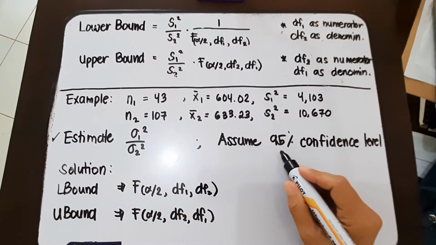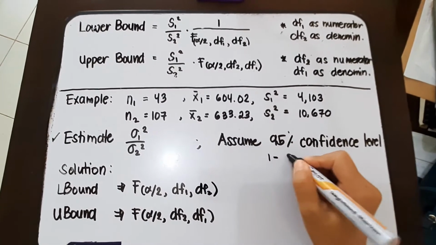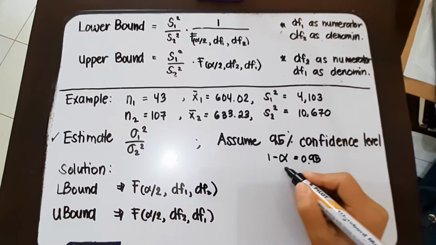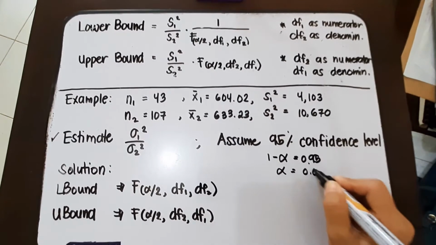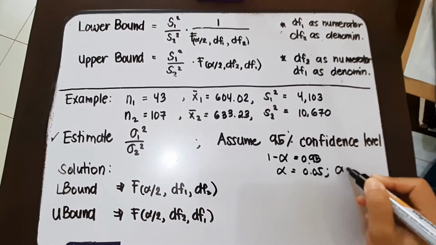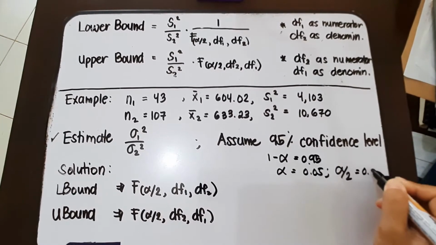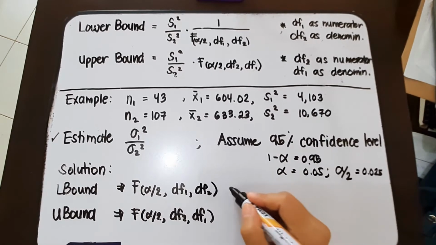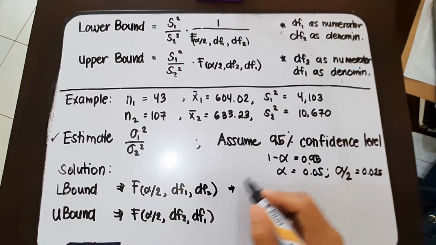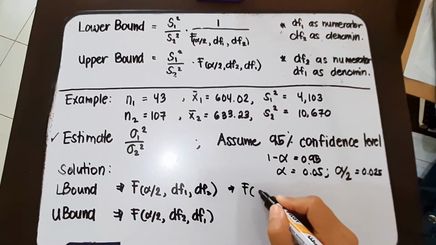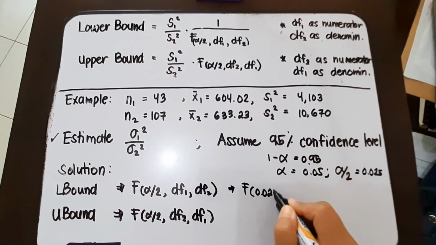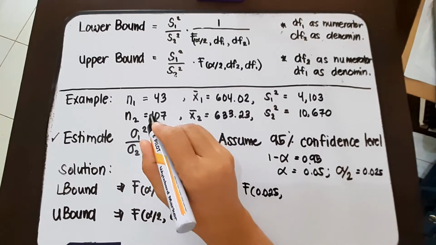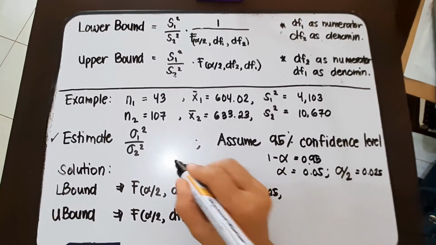So we have a 95% confidence level, so we can now have our alpha as 0.05, and thus our alpha over 2 is equal to 0.025. So by looking at our F table, this will be equal to F of 0.025.